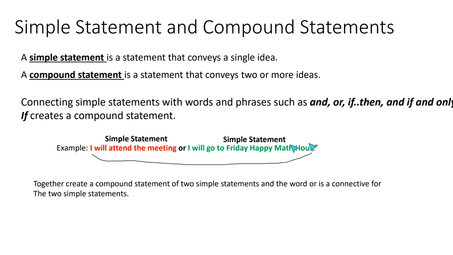And together, the whole sentence has two simple statements with a connective. Then we call that a compound statement. So together, we create a compound statement. And so the definition of a compound statement is a statement that conveys two or more ideas, which are simple statements. Okay.